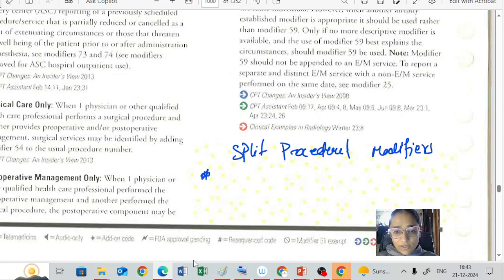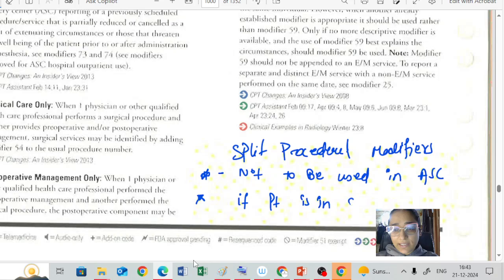There are two things which we have to remember. These modifiers are not to be used in the ASC center, and if the patient is in the same facility after the transfer, then also we don't need to use this modifier.